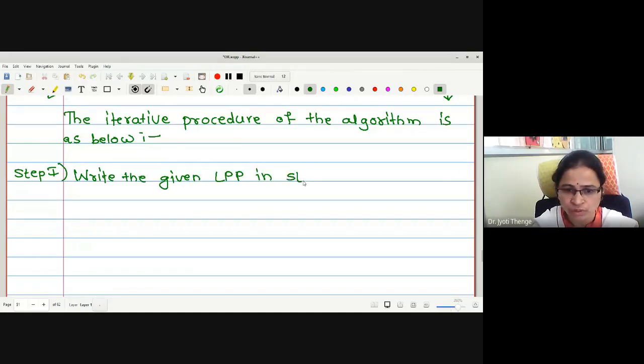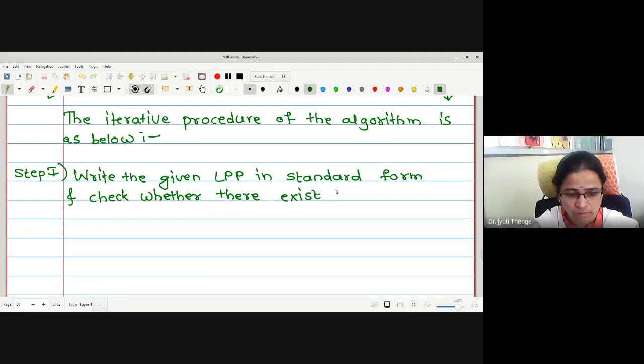In the simplex method we have written in detail the steps of how to convert this to a standard form. Okay, and check whether there exists an initial or starting basic feasible solution.